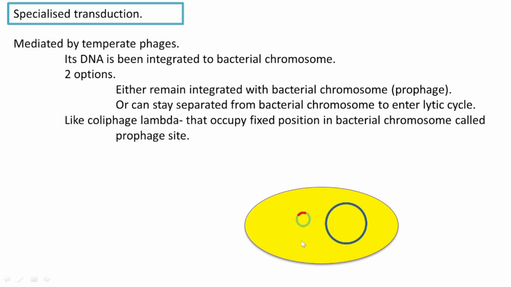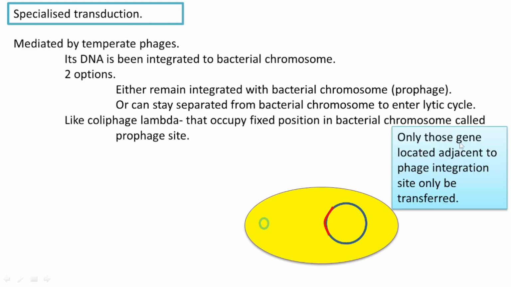After injecting, this DNA fragment belonging to the first host cell exits from that phage DNA and integrates into the second host bacterial cell. Okay, and only those genes that are located adjacent to the phage integration site will be transferred. That is the important thing.